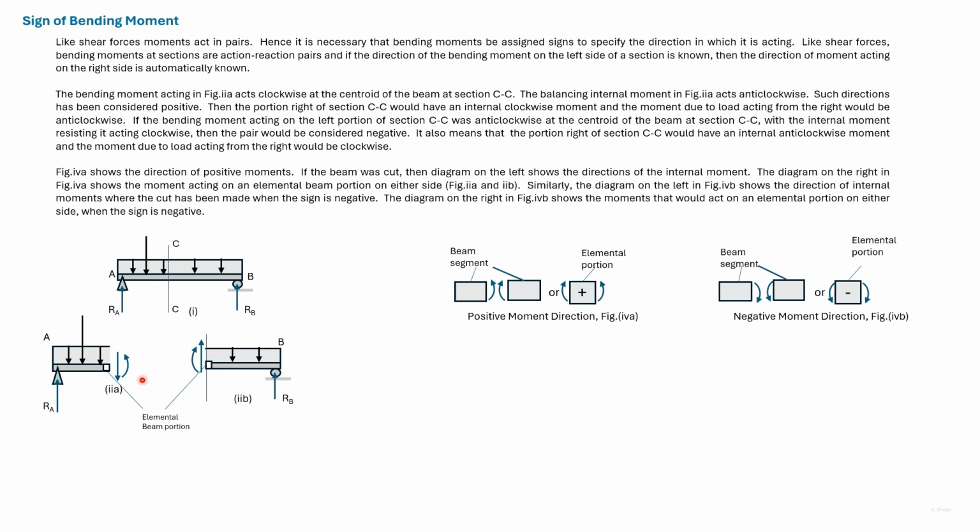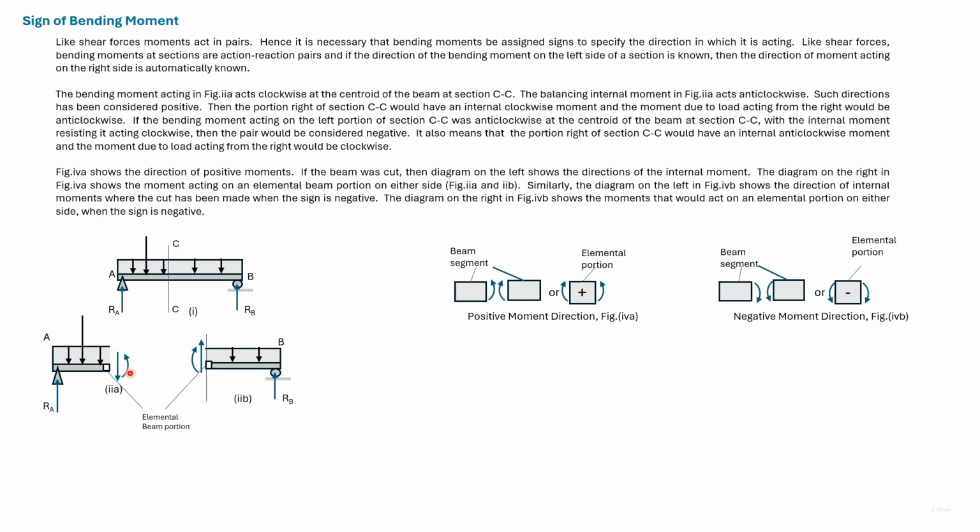Like shear forces, if the direction of the bending moment acting on the left section is known, the direction on the right side is automatically known. So we assign the signs of both the bending moments at the same time, not to one moment.